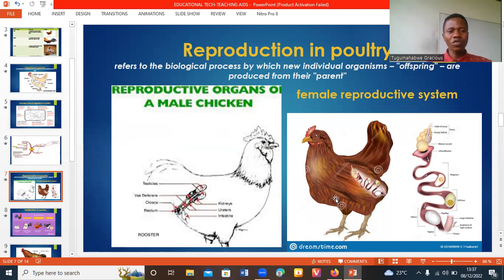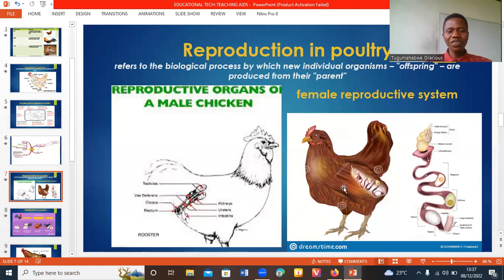When they talk about reproduction, a student may imagine, are those organs found in the head? So a student will understand exactly where that part is found. In males, it is found here.